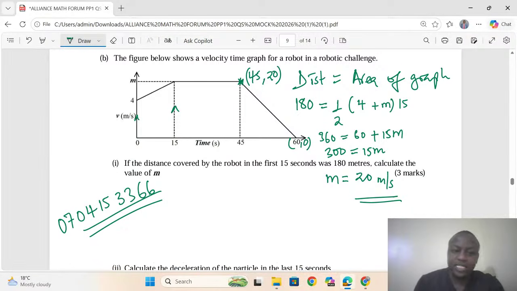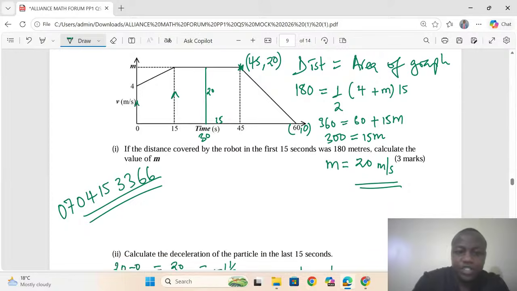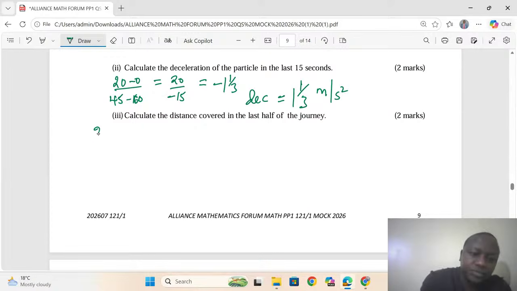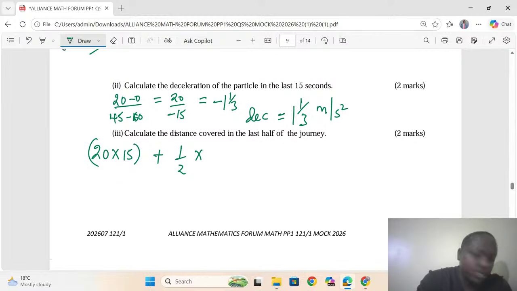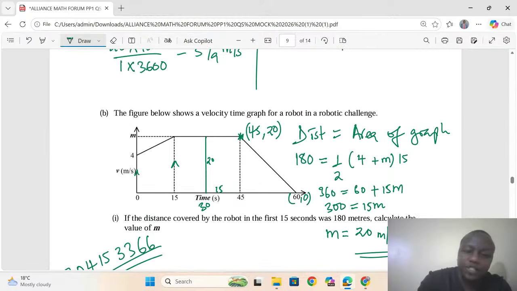Or we say there is the total time, 60. So what about at 30 seconds? So we can talk about these two distances. From 30 to 45, that is 15. Upwards is 20. So the distance here, in the first case, 20 by 15, plus the other one, which is triangular.